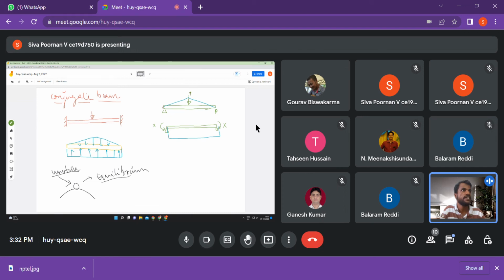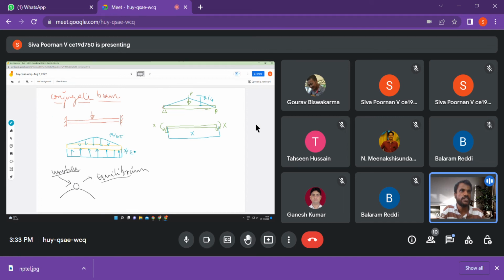If this is P, then this length is going to be PL by 4. And what will be this? If this moment is going to be X, this also is going to be X. So here it will be PL by 4 EI, because I have to do the M by EI diagram, and this is X by EI.